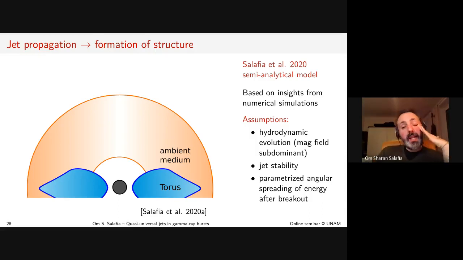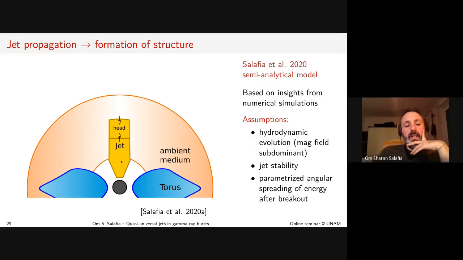It is a hydrodynamic model, so we do not take into account the effects of the magnetic field, and we assume the jet stability, and we parameterized the way the energy is spread angularly after the breakout of the jet. And so the idea is actually well known in the literature.